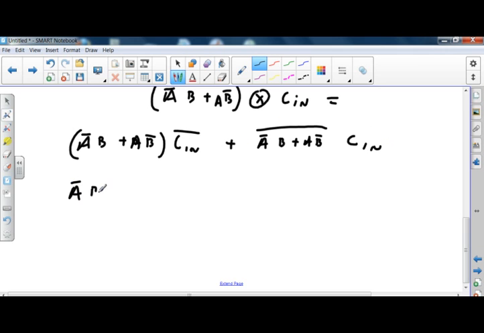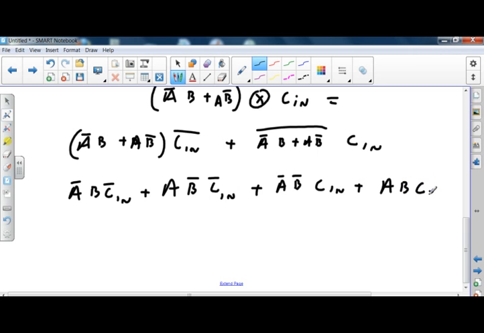A not B C not in, or A B not C not in, or A not B not C in, or A B C in.